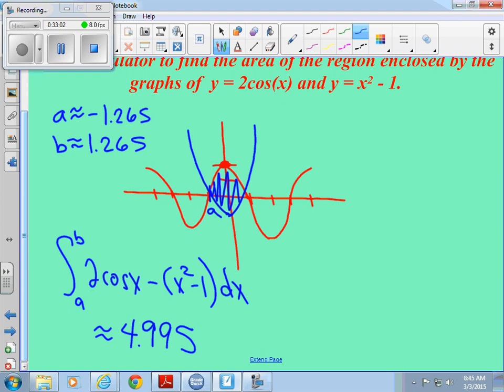Okay, so where did you store it at? So you get the intersection. Did you get the intersection? So you have to go to the graph and find the intersection and store the left-hand intersection as A and store the right-hand intersection as B. So find the intersection, leave your cursor there, go store it.